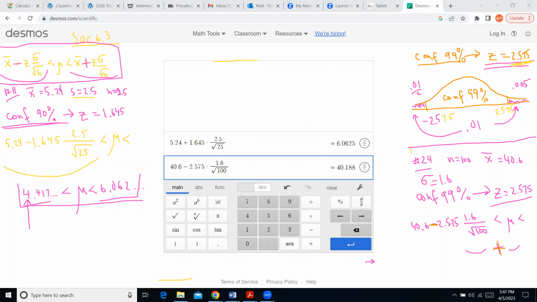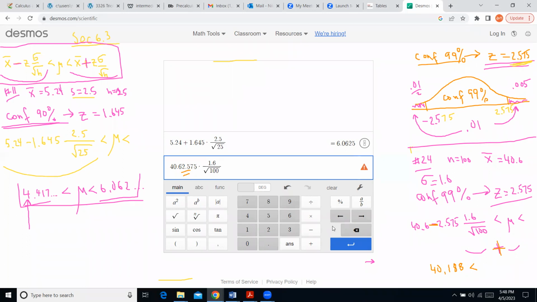Did you know that? So I got the left end here, 40.188. That's my left end when we subtract, right? So now we're going to add. We highlight the negative and change it to a positive.